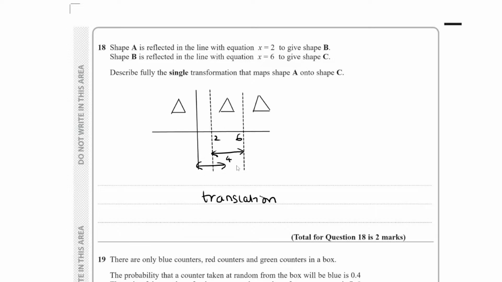Kind of like 4 here, 4 here, that makes 8, doesn't it? So translation, you could say by 8, as long as you say the x-axis, or you can put it in a column vector if you want, like this. On the x-axis, the y-axis hasn't really changed. But that's probably what I would do for that one, but definitely a translation. You can see it's just moving across, isn't it?